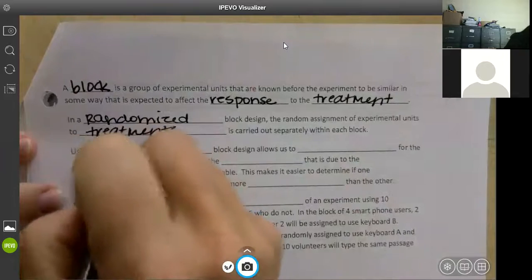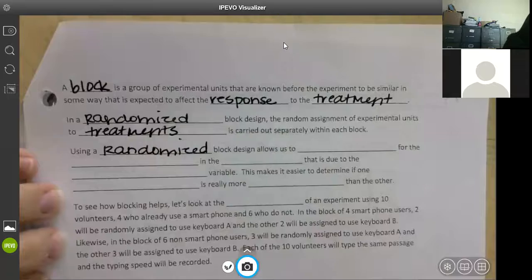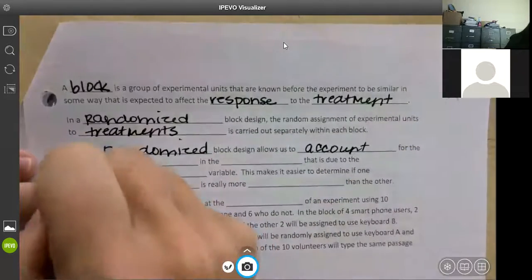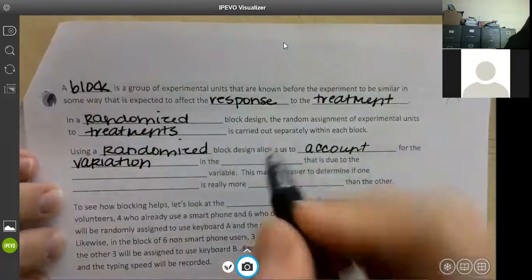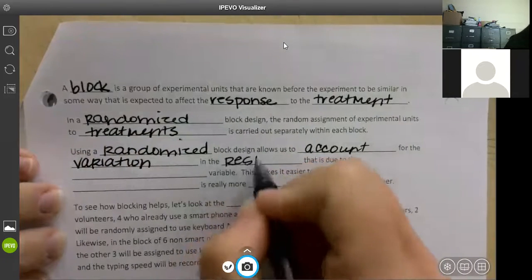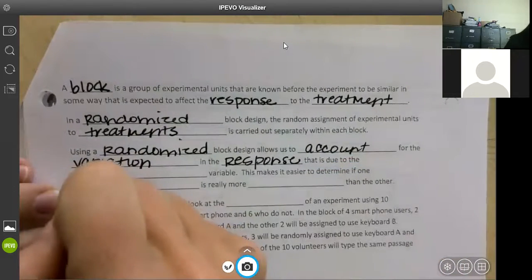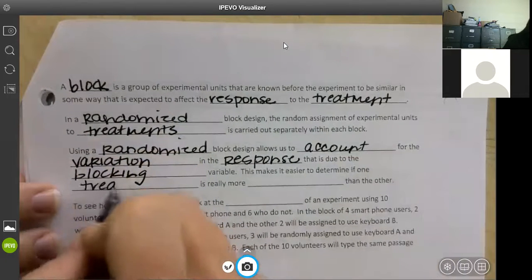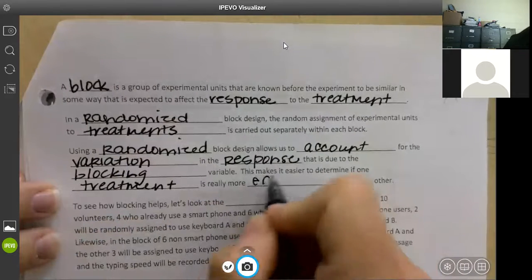Using that randomized block design allows us to account for the variation in the response that is due to the blocking variable. This makes it easier to determine if one treatment is really more effective than the other.